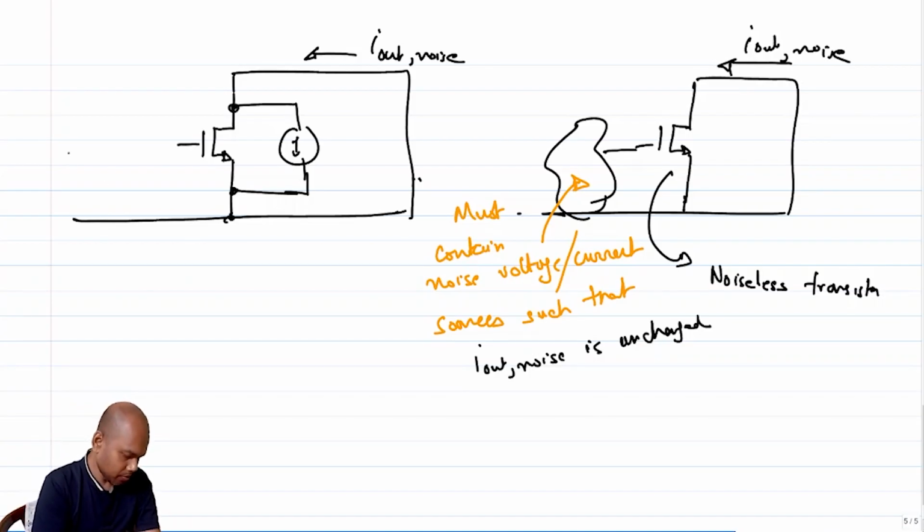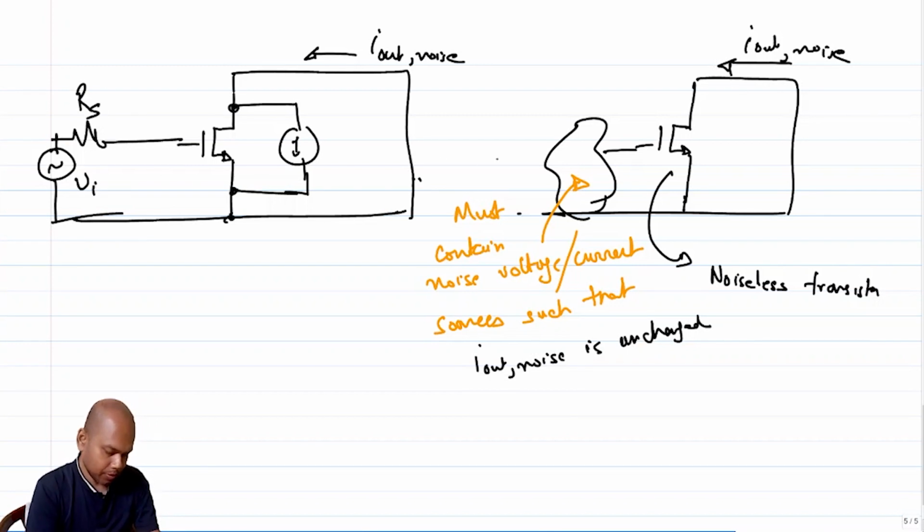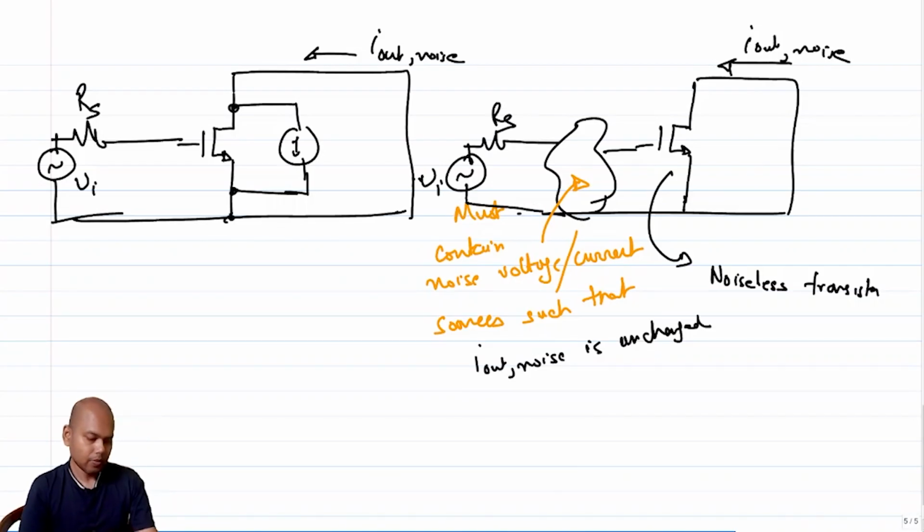Okay, so now again, we must understand that we are trying to drive this circuit with some RS and some VI, which means I have the same VI and RS. And whatever is inside the block should not be a function of RS and VI, right?